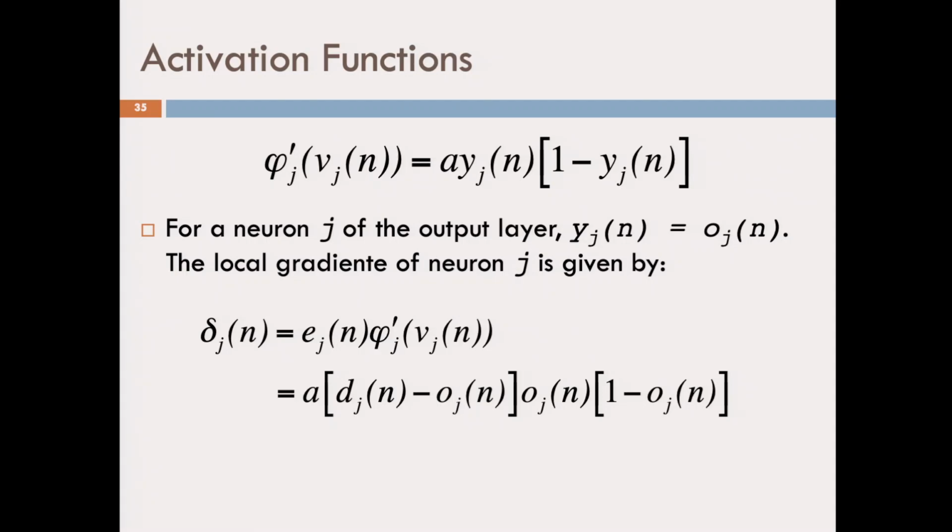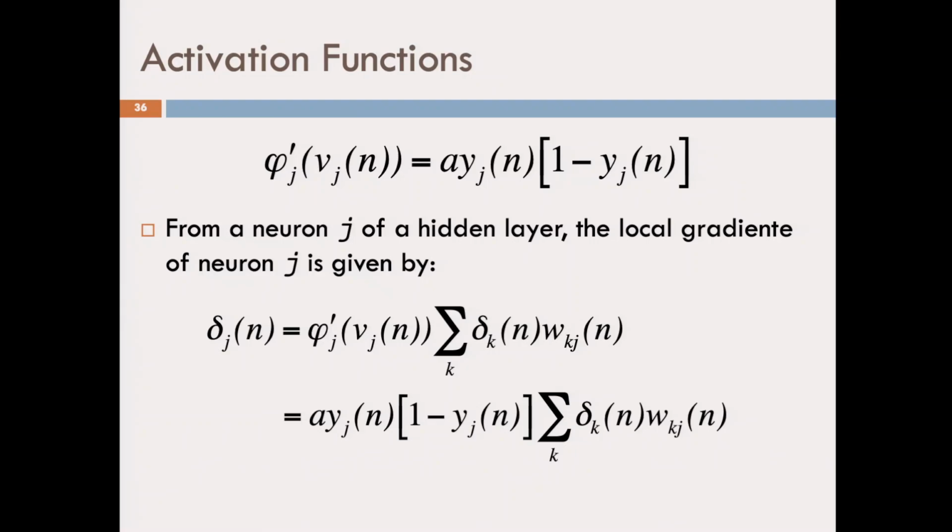The derivative of the activation function is output times 1 minus output. Here I'm just putting the error. The A that was here was thrown out in the beginning, because it is a constant. Nice. Good.